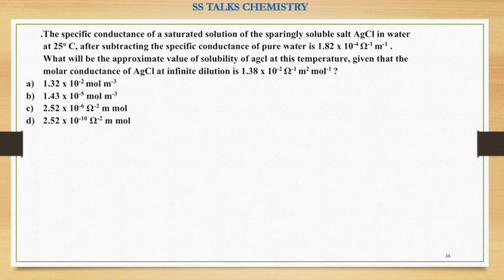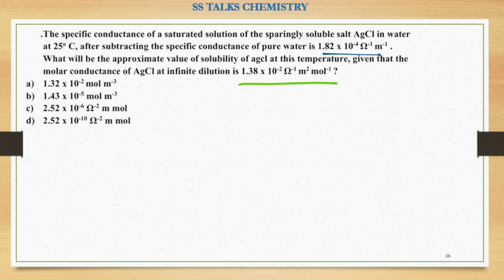Again, a numerical based question. It says the specific conductance of the saturated solution of a sparingly soluble salt AgCl in water at 25 degrees centigrade, after subtracting the specific conductance of pure water, is this much. So the kappa value is given to us. What will be the approximate solubility of AgCl at this temperature, given the molar conductance at infinite dilution is this much?